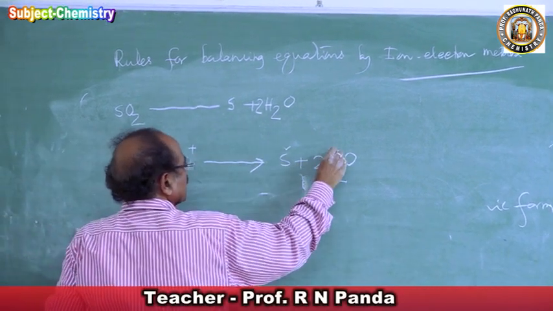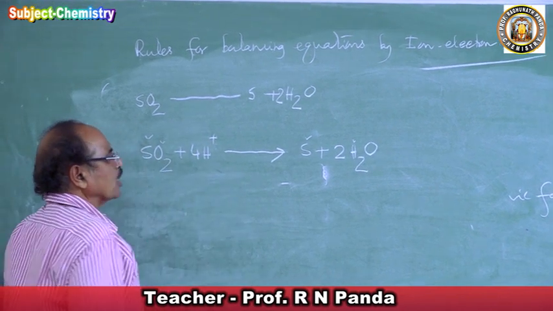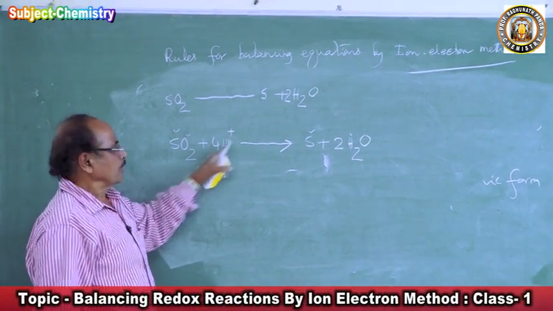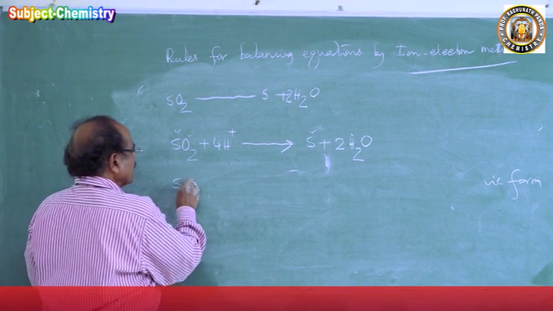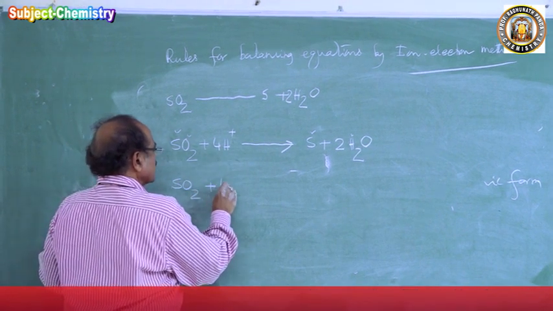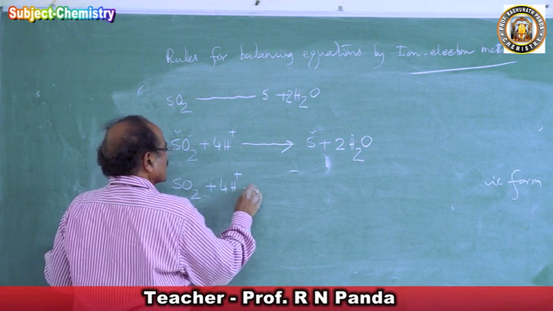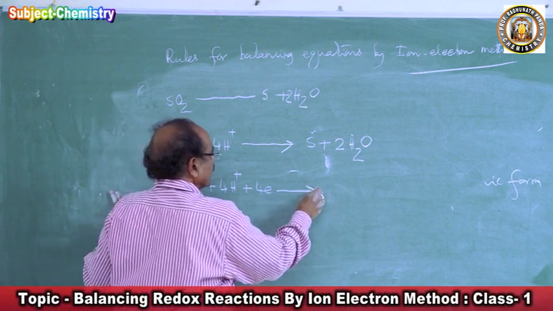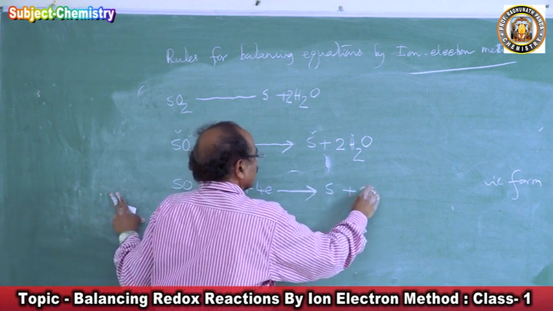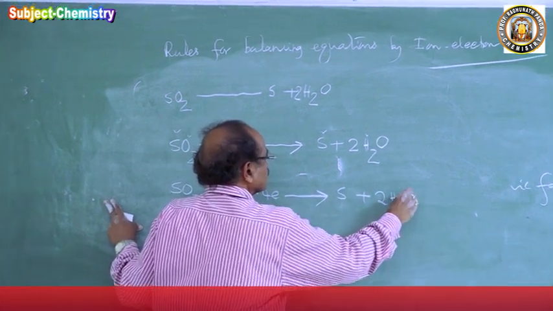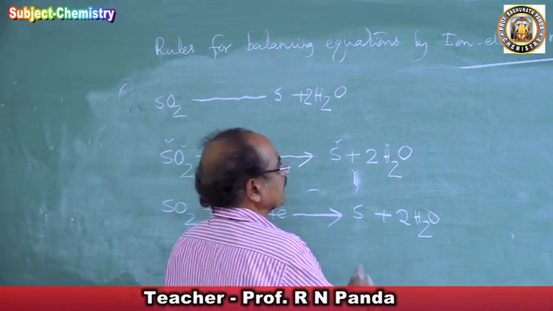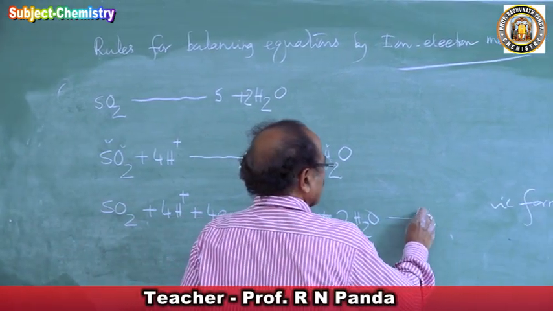Now what is not balanced? Charge. Balance the charges by adding electrons. So sulfur dioxide plus 4H+ plus 4 electrons forms sulfur plus 2 water.